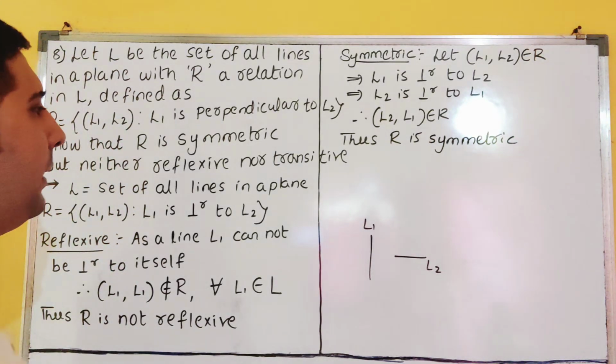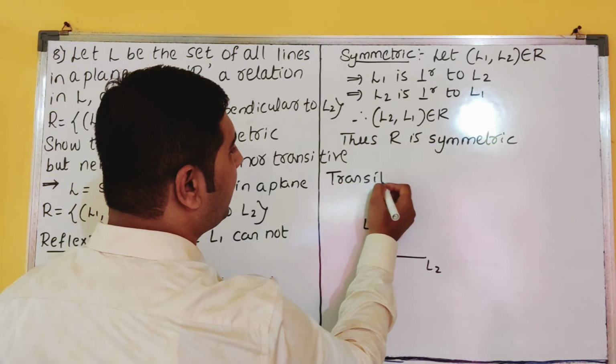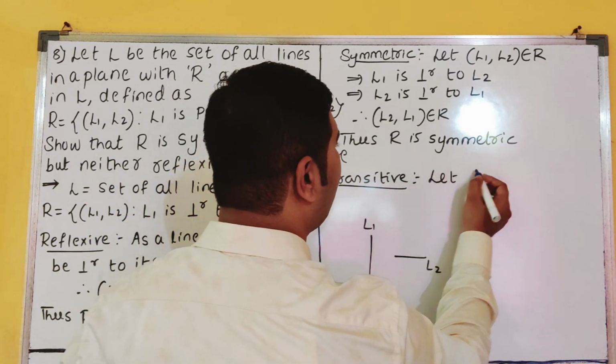R is symmetric. Now transitive comes. Transitive, below I will write here. Very easy.